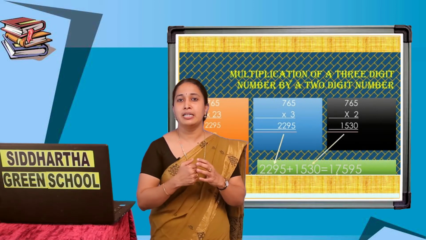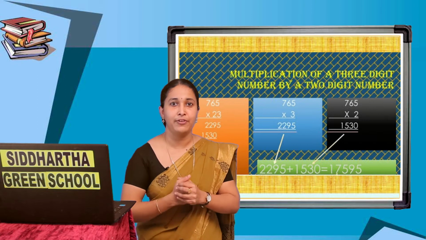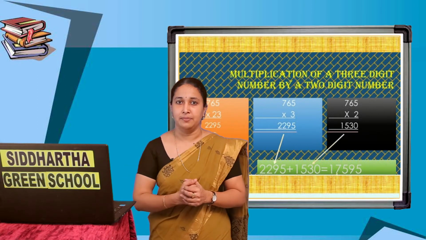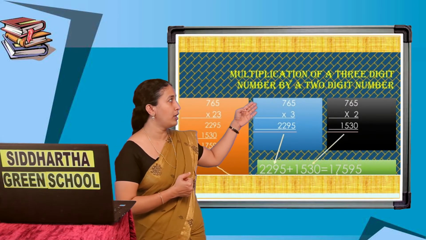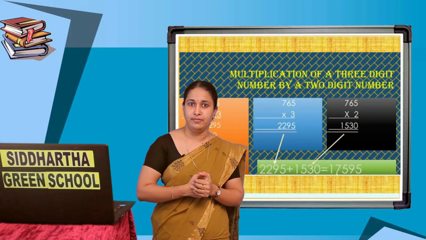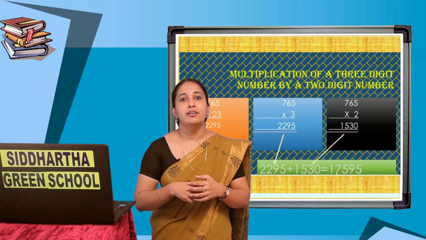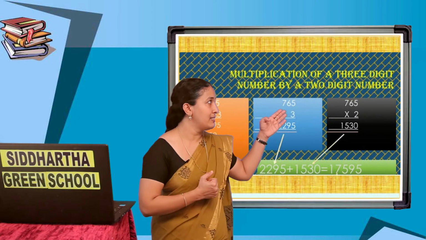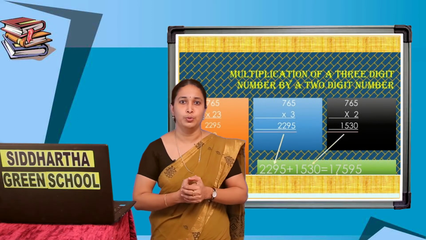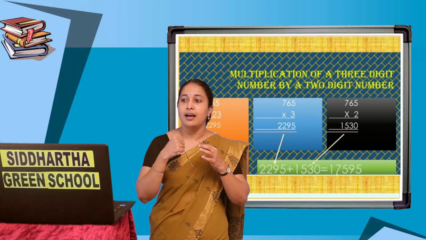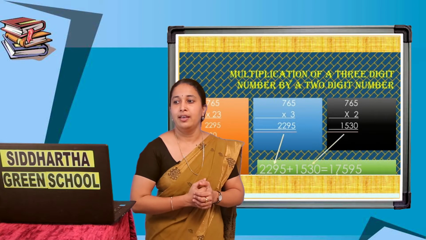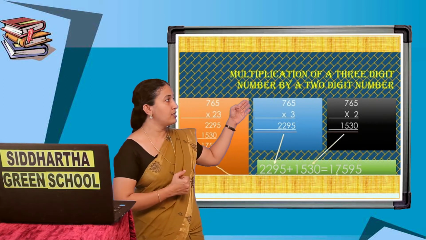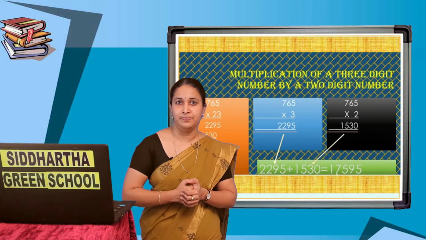So first we multiply 765 by 3. We get the answer 2295. Then we are going to multiply 765 by 2 tens, that is, we are multiplying 765 by 2, and we get the answer 1530.